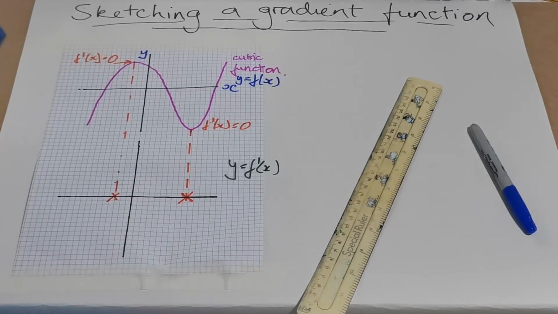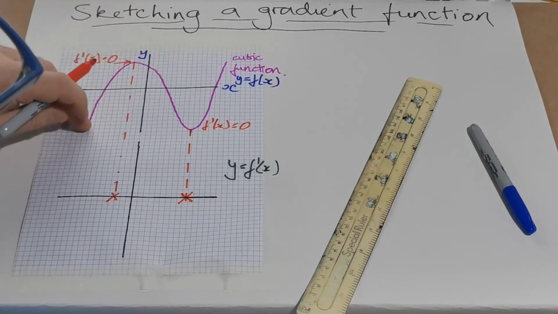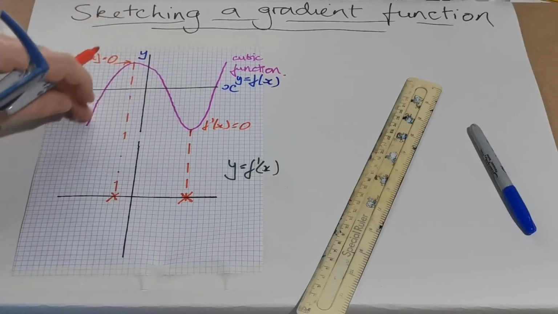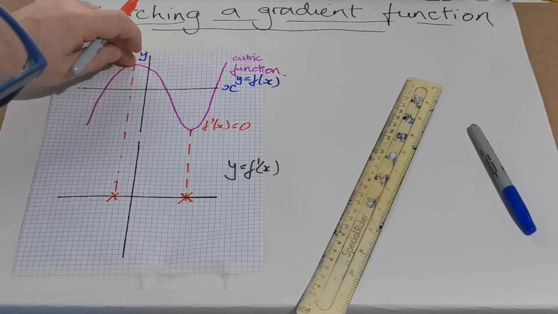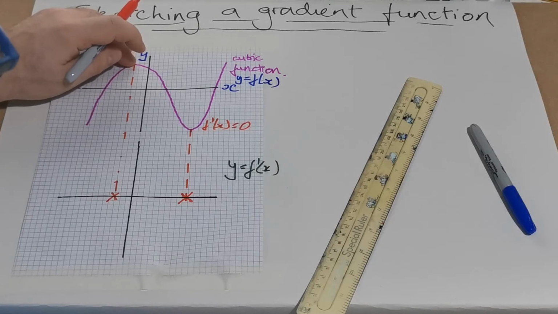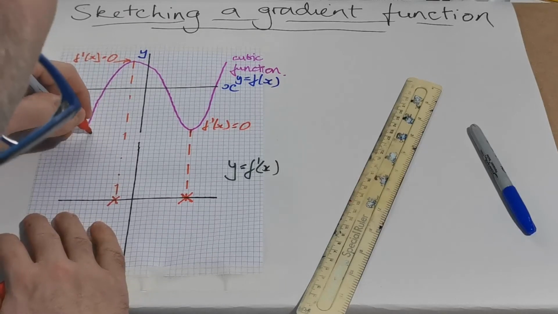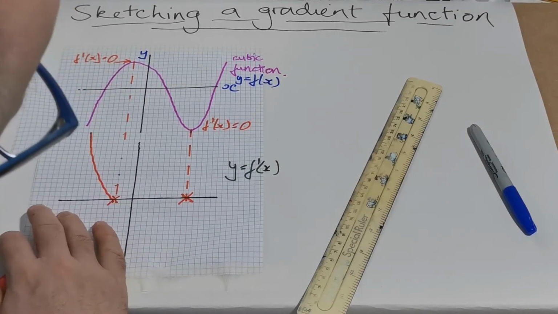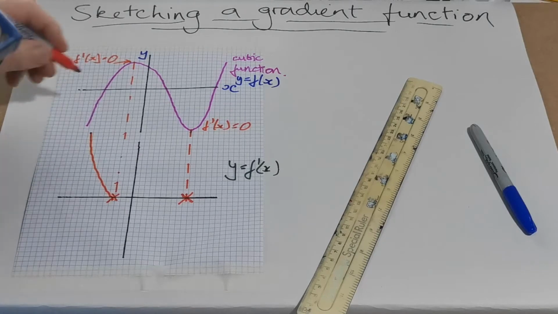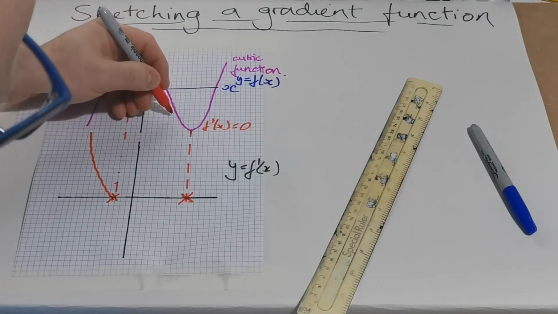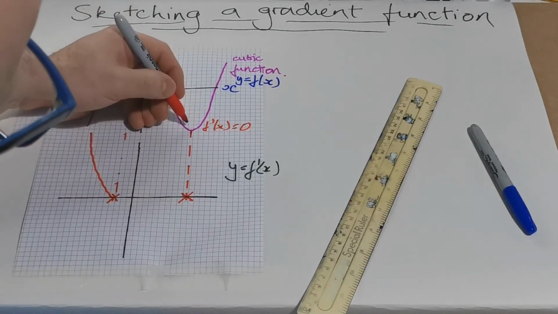Now let's think about what I said about this bit here. That there is an increasing function, so that means the gradient is above 0. It's a positive gradient, so that means this graph will be above 0. And then here, the graph's below 0 and comes back to 0 here.